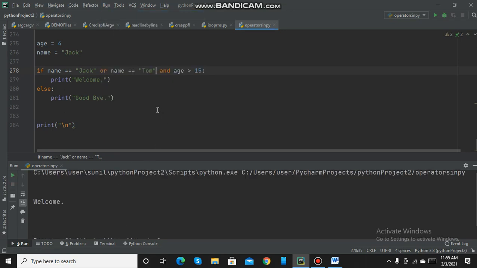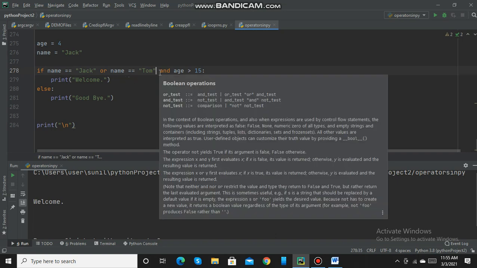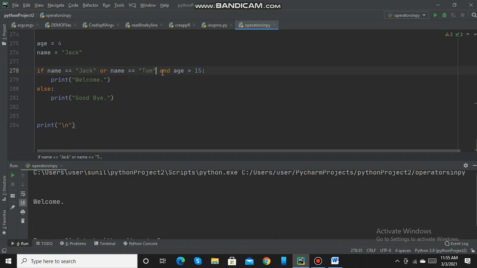It has printed welcome, which was not the expected result, because the age greater than 15 condition is not satisfied. Age is only 4. So it should have gone to else and printed goodbye. But instead it has printed welcome. That is because it has not checked the condition and age greater than 15. It has checked only this OR condition and printed welcome.